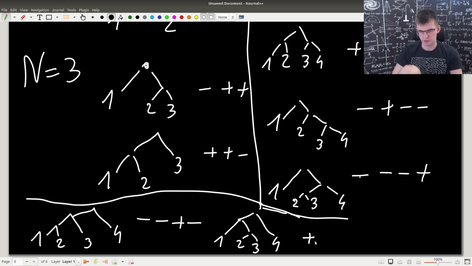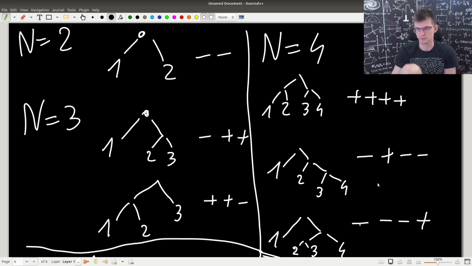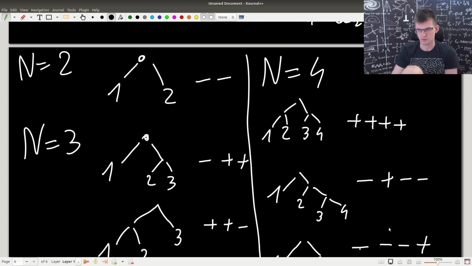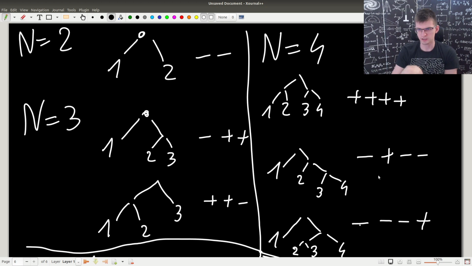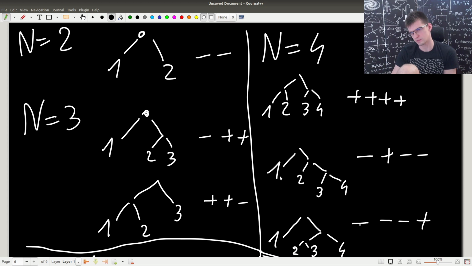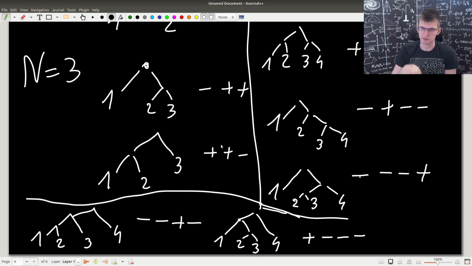This is plus, minus, minus, minus. Total either all pluses or a single plus. But I already saw for n equal to 3 that the order does matter.